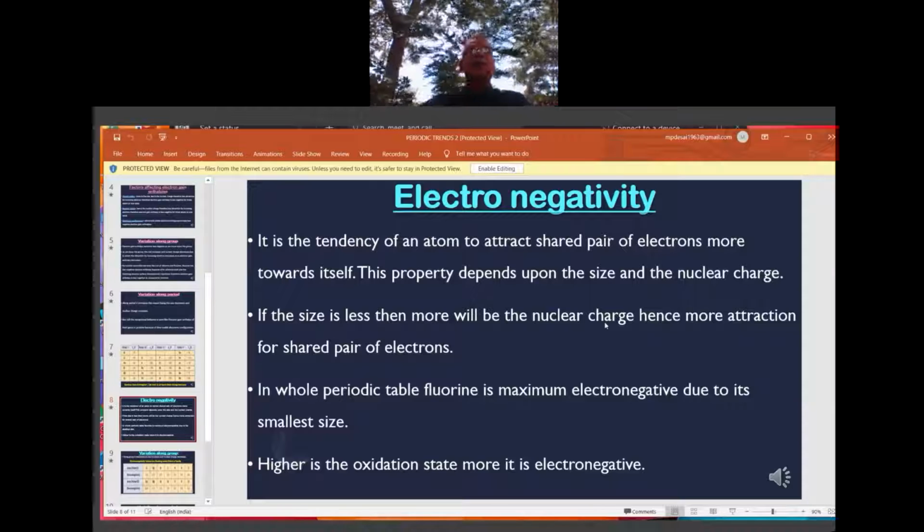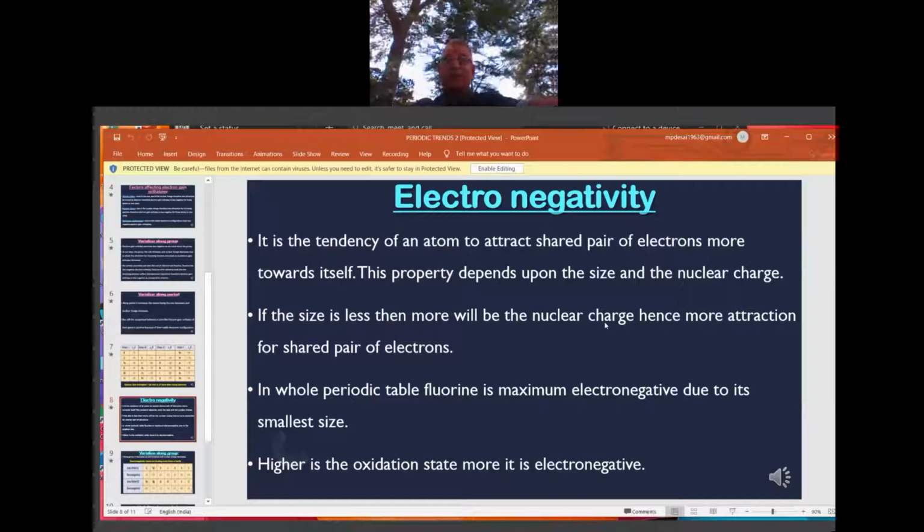Then where will the electron cloud spend its time? Exactly in the center. Because both are similar atoms with similar withdrawing power, the electron cloud lies neither near this chlorine nor that chlorine, but exactly at the center. So poles are not created there.